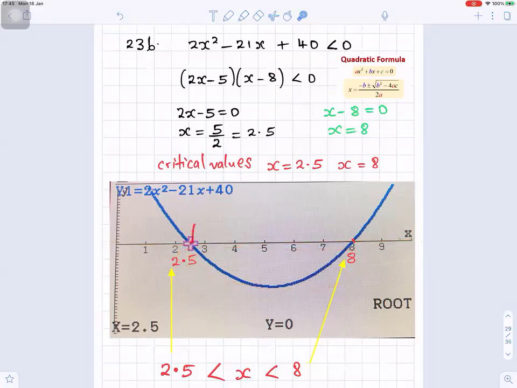So that means between 2.5 and 8, all of this is less than 0. So you start at 2.5, you end at 8, and you put 2.5 less than x less than 8. Any number between there gives an answer below 0. Any number on the right side is bigger than 0. So your answer is 2.5 less than x less than 8.